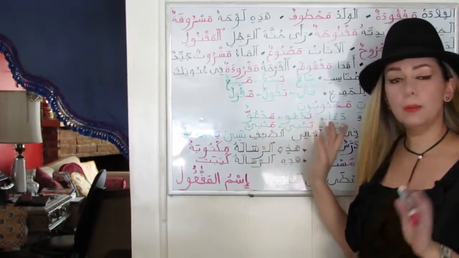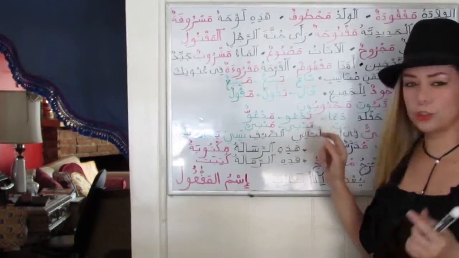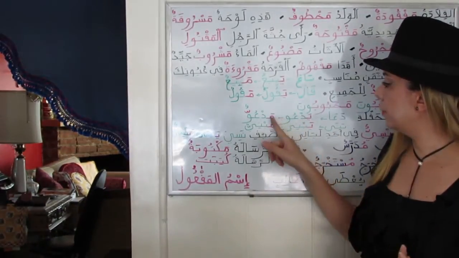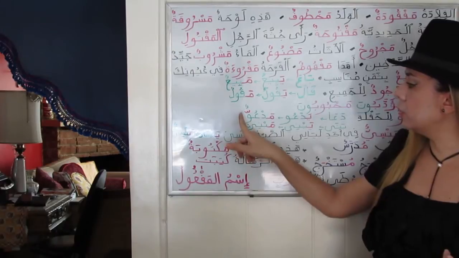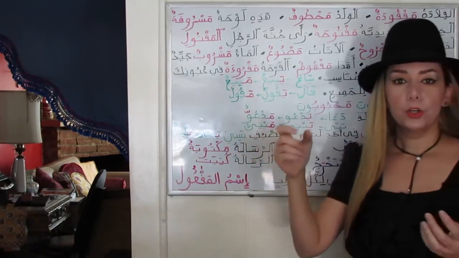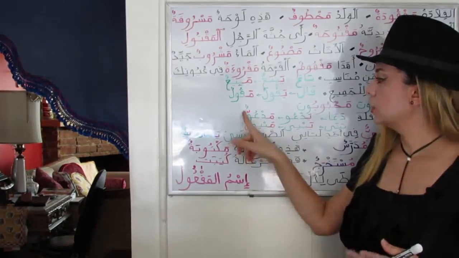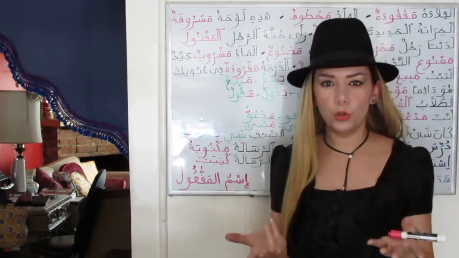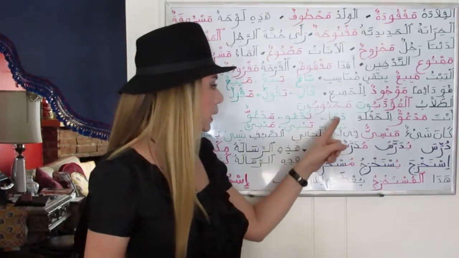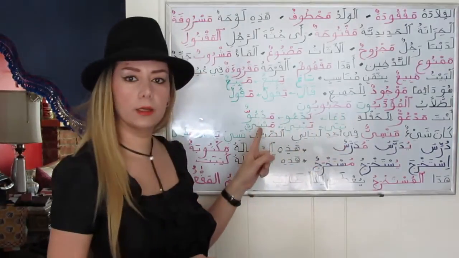So we keep the short vowel fatha. So we have mad'u, and then we just add the shadda, the emphasis sign, to have mad'uun, invited, mad'uun.